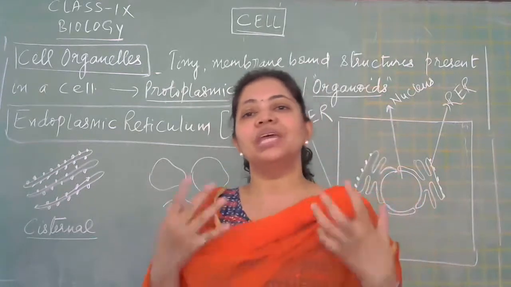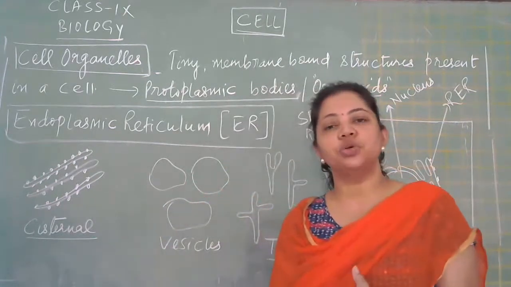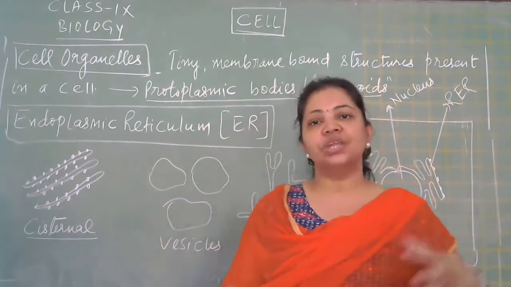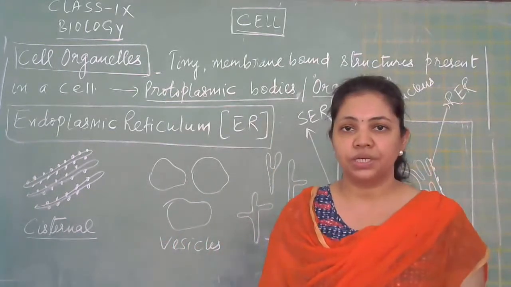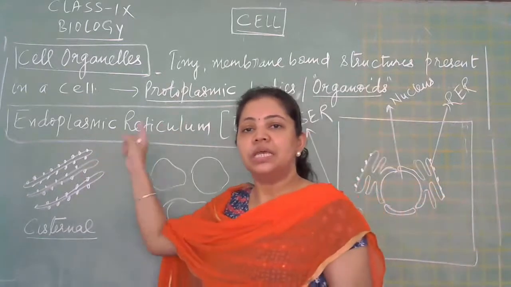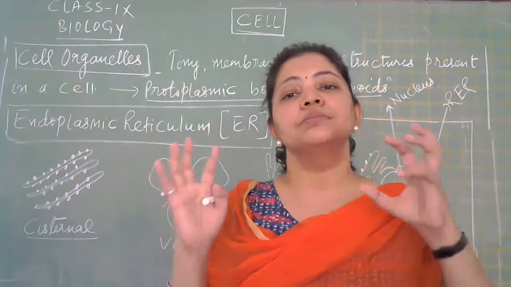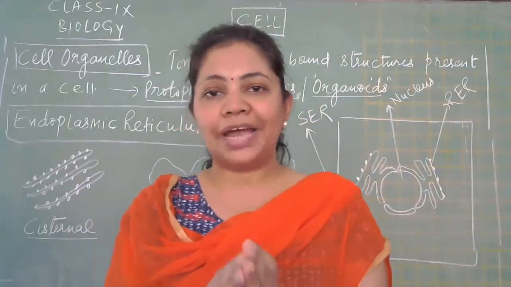Means you won't be able to see endoplasmic reticulum under an ordinary light microscope which we generally use in our laboratories. So to see ER, we require electron microscopes, right?